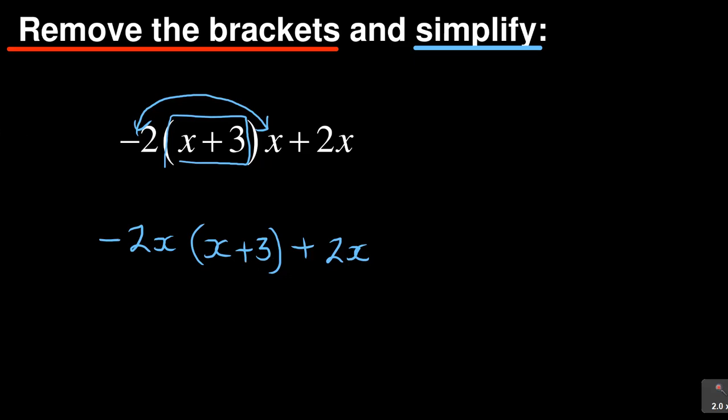Now, because we have done that, we can redo the same thing: this minus 2x is multiplying that x, and this minus 2x is multiplying the 3. So you see what we mean, when you're multiplying now, the negative 2x is taken as one thing. So what you have is minus 2x times x, and minus 2x times 3, and then you're saying plus.